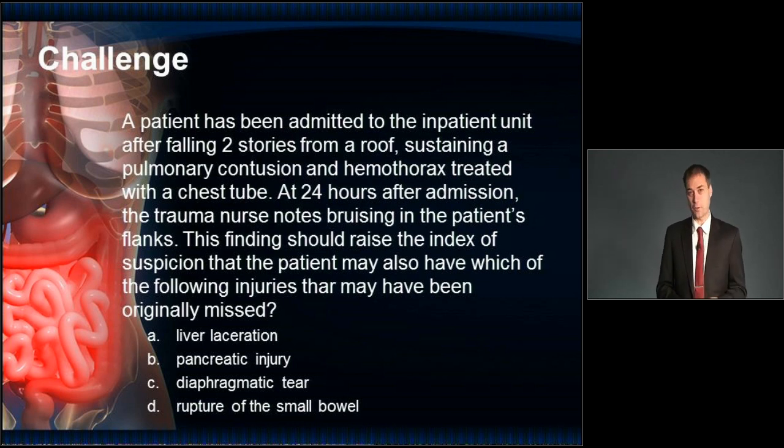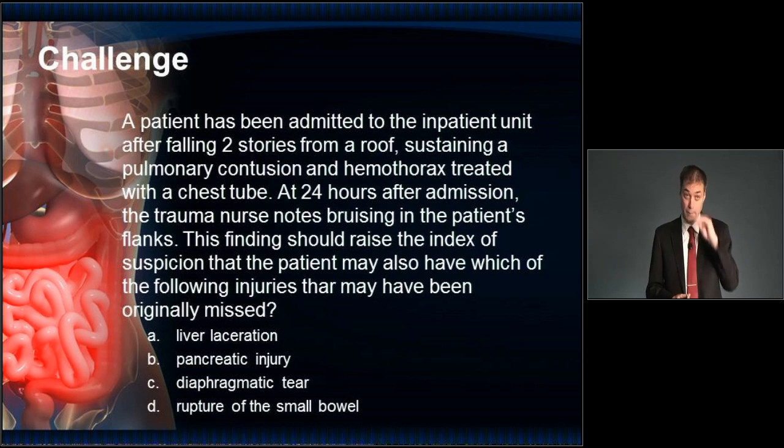So here's the first challenge question for abdominal trauma. It's on your screen now. A patient has been admitted to the inpatient unit after falling 2 stories from a roof, sustaining a pulmonary contusion and hemothorax, treated with a chest tube. At 24 hours after admission, the trauma nurse notes bruising in the patient's flanks.